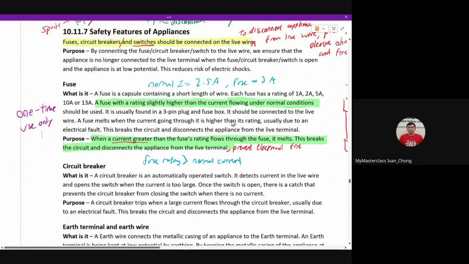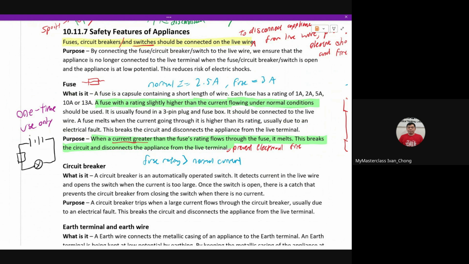By the way, if you don't know what a fuse looks like, normally this is a resistor, right? A fuse is just with a line through it. This is a fuse. So fuses and resistors are different. Do take note of this. If you need to draw it in your circuit, it will be like this. Maybe I'll just draw a basic circuit to show you. Now you want to put your fuse in front of your light bulb, like this.